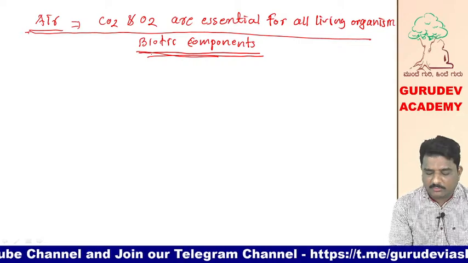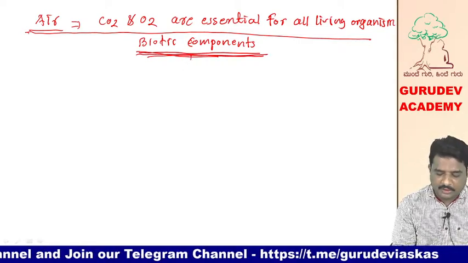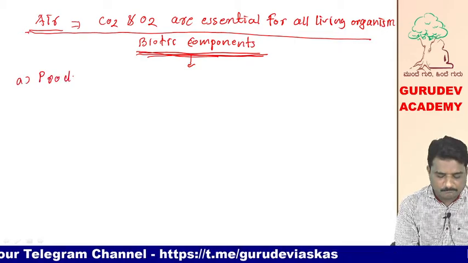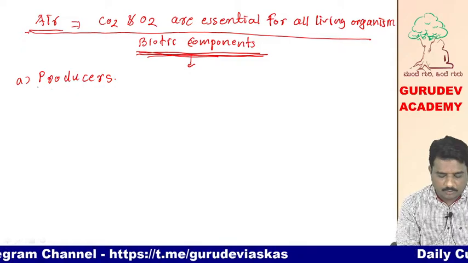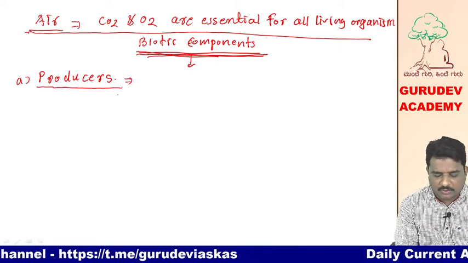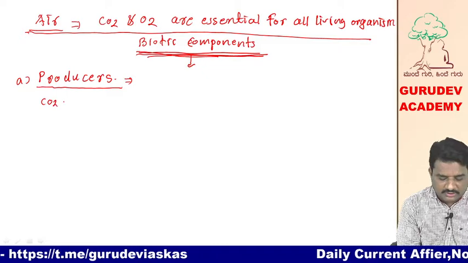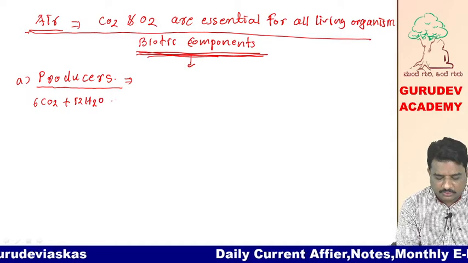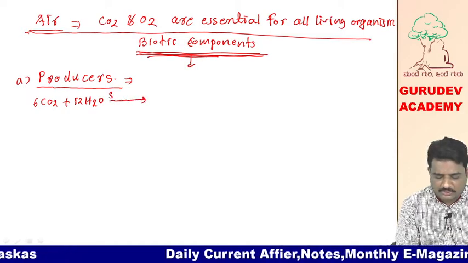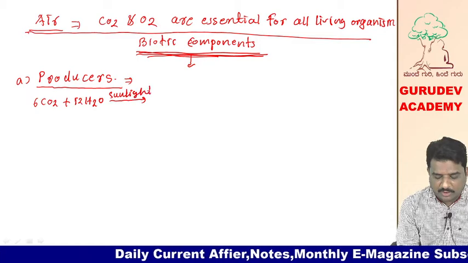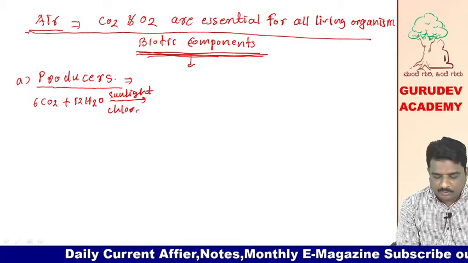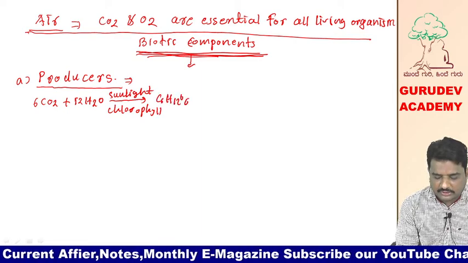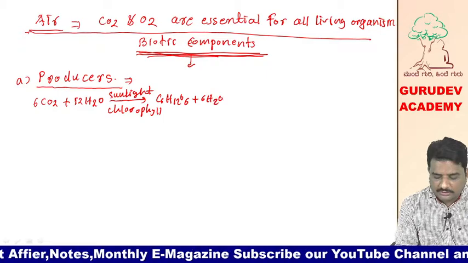The first point is producers. What do producers do? Producers use the raw materials 6 CO2 and 12 H2O, with the help of sunlight and the pigment chlorophyll, to prepare C6H12O6, 6H2O, and 6O2.